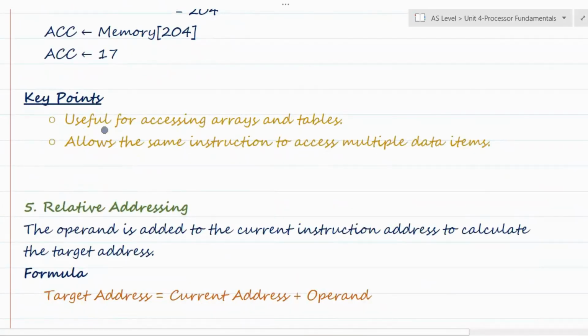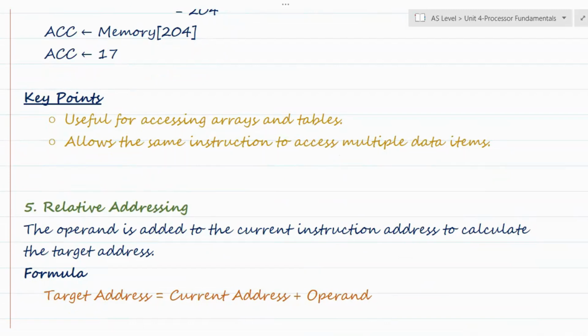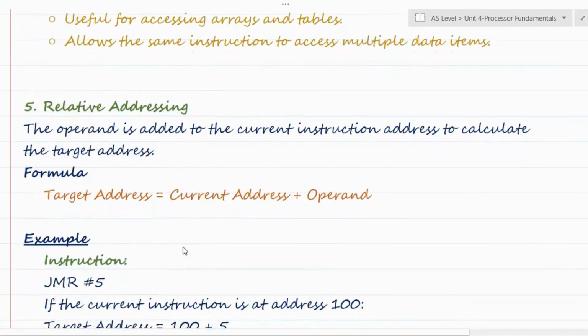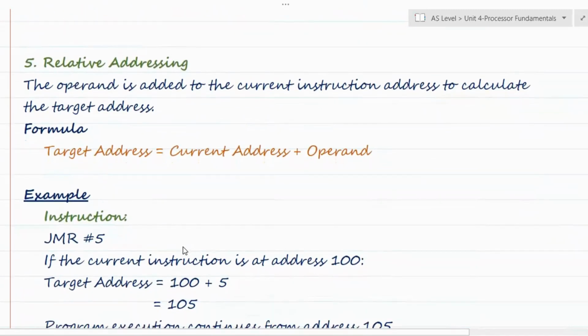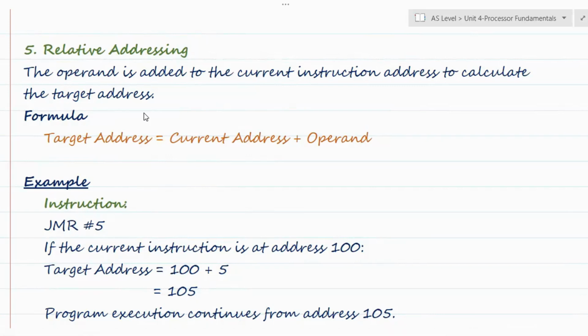So indexed addressing is useful for accessing arrays and tables, and it allows the same instruction to access multiple data items. Now let's discuss relative addressing. In relative addressing, the operand acts as an offset, basically. The processor adds this offset to the address of the current instruction. So the formula is: target address equals current address plus operand.